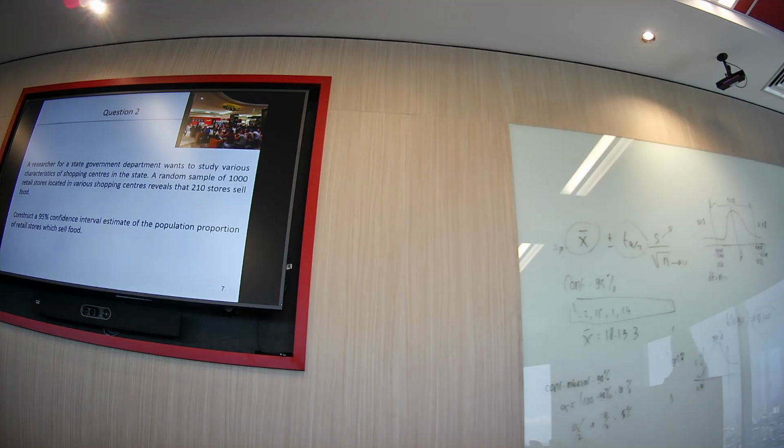A researcher wants to study various characteristics of shopping centers in the state. They take a random sample of 1,000 retail stores. It takes time to sample 1,000 stores, but this one is quite easy, you can use the database.